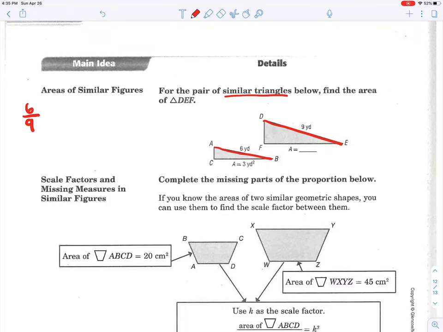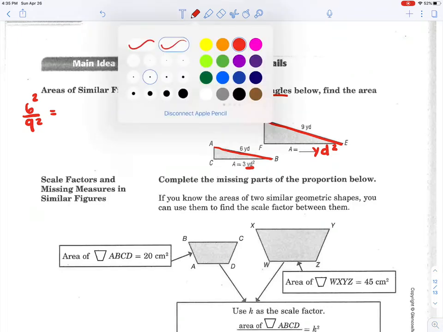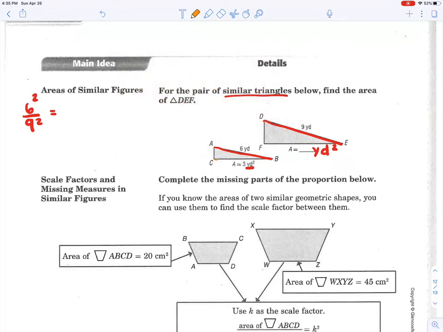But it wants me to solve for the area of triangle DEF. Now we have to note that area is always in units squared. Well, the units that I just made a fraction out of are not squared. So in order to preserve that proportion, I am going to have to square my scale factor. Then I see I can fill in the rest of my proportion.